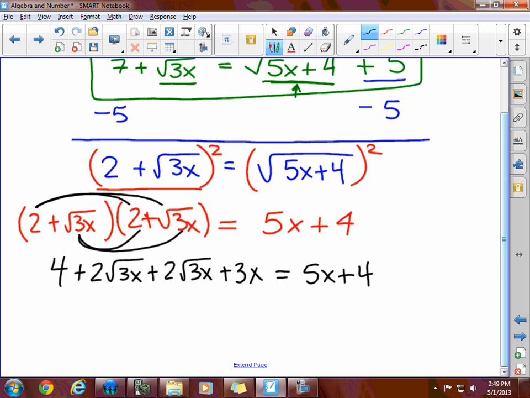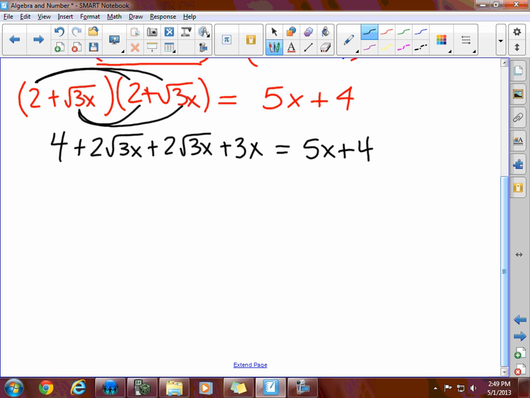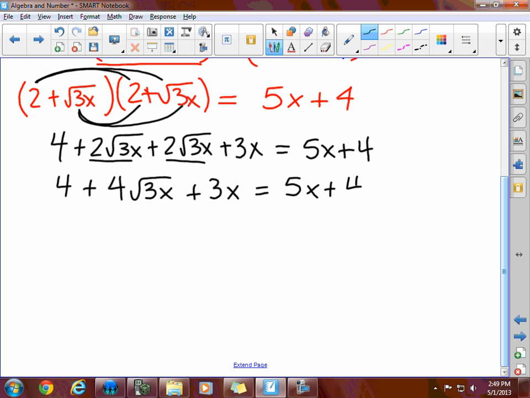So now you can see on the left-hand side of this equal sign, we have some cleaning up we can do. The 4 is the only constant out there, but I have a 2 root 3x and a 2 root 3x. I can add those together and get 4 root 3x, and I have the 3x term, and on the right-hand side, I still have 5x plus 4 just sitting there. Now, just like we've done before, because I'm left with one radical, I want to isolate that radical.